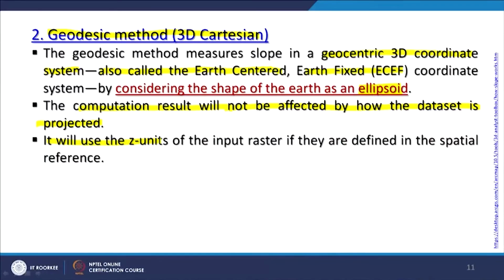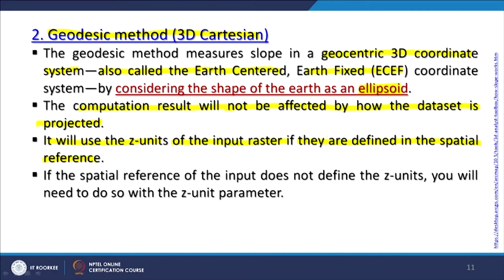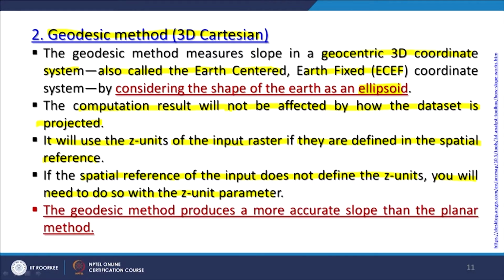It will use the Z units of the input raster, that is the cell values, if they are defined by the spatial reference, meaning they are georeferenced, which generally they are. If the spatial reference of the input does not define the Z units, one has to provide the Z unit parameter. The geodesic method will produce a more accurate slope than the planar method.